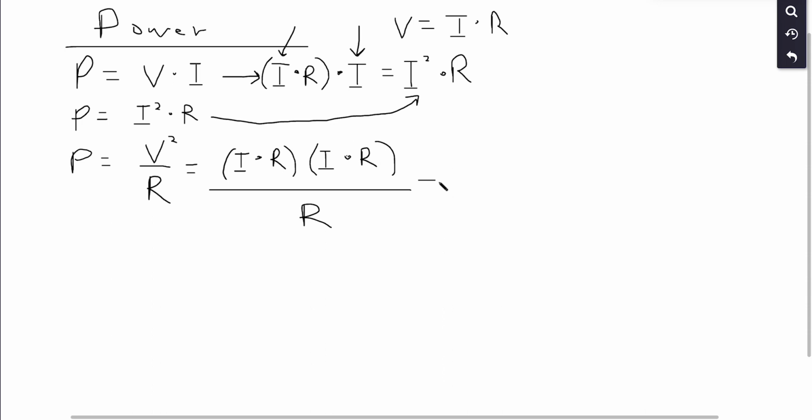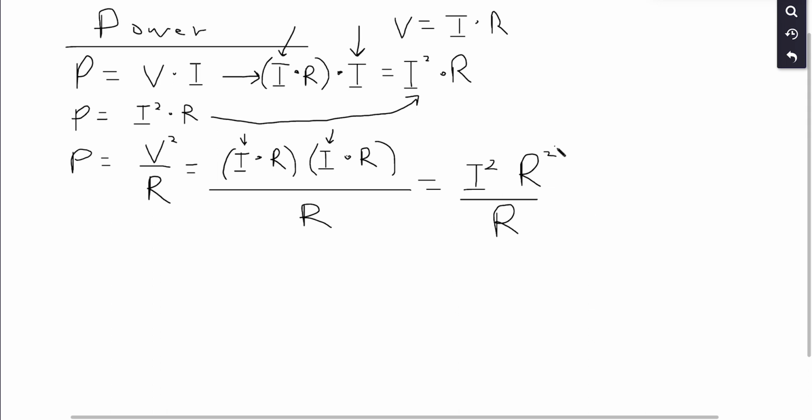So now let's try to simplify this. We have one I here, and another one here, so we'll have I squared, and then we'll also have R squared, and then divided by R. If you look at the equation closely, we have R squared in the numerator and R in the denominator, right?